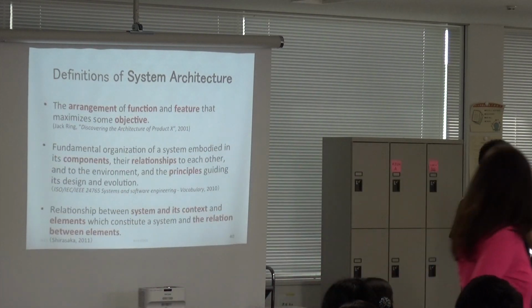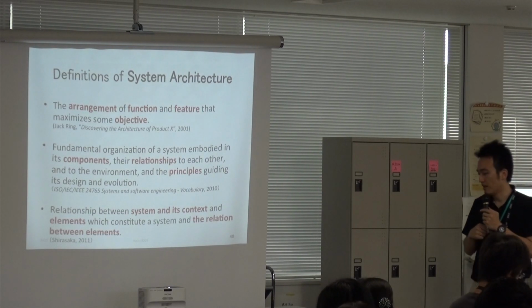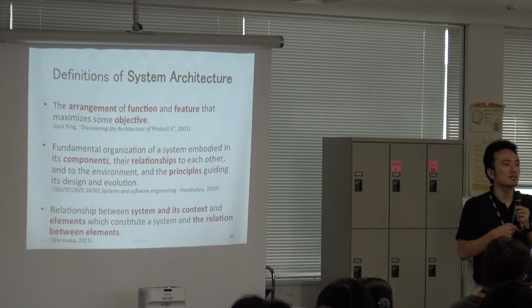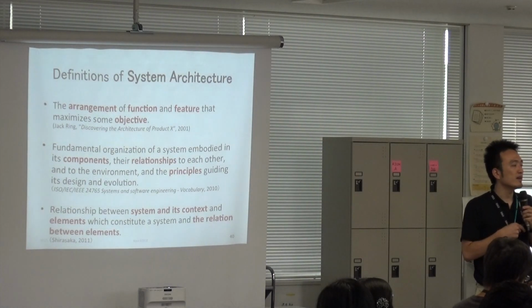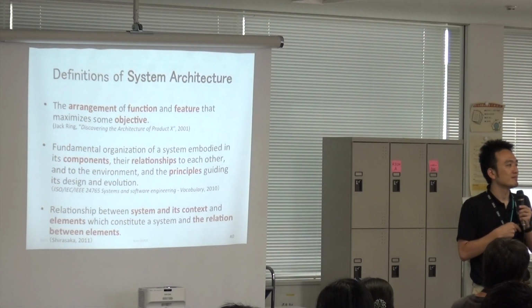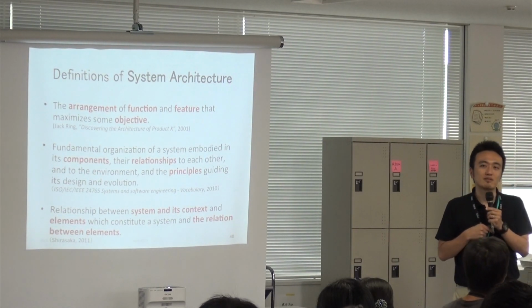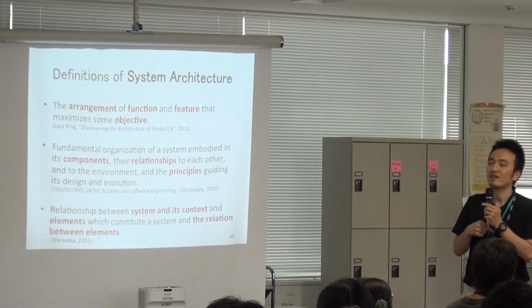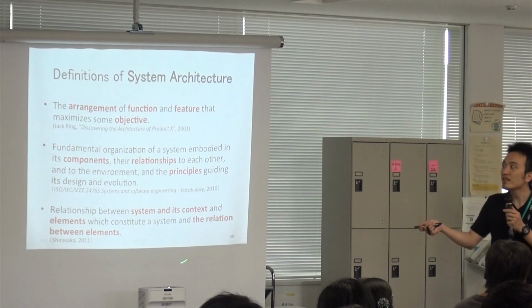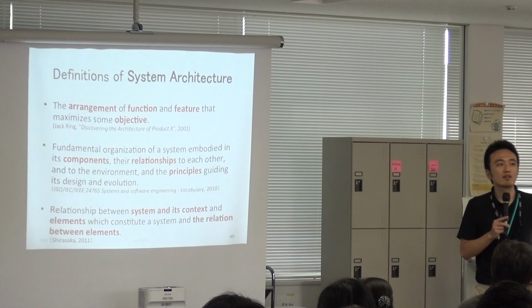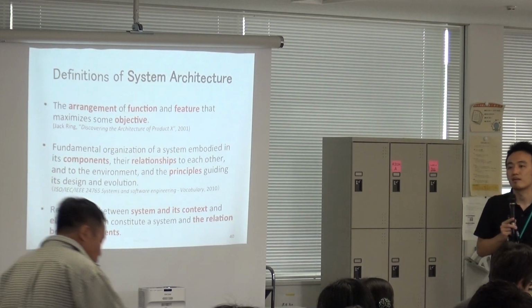So basically it's telling you the same thing, but I think many of you, when you hear system architecture, you expect software. I don't know, electronics, 5 volts, 12 volts, those things. But this definition says nothing about them. Nothing about software, nothing about electronics.